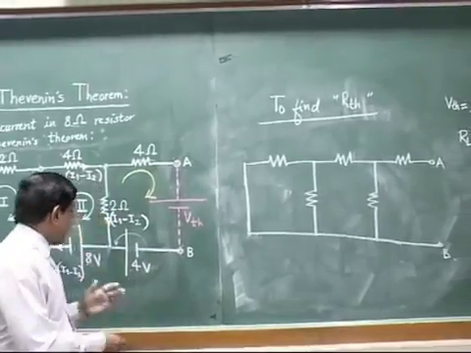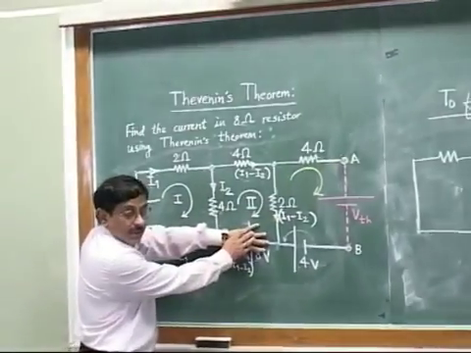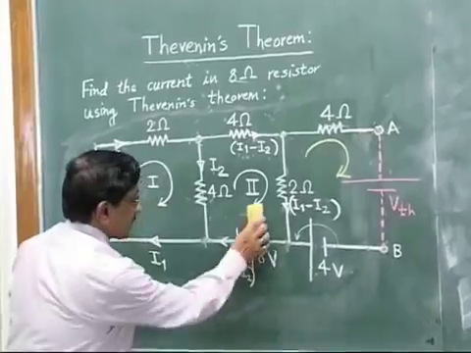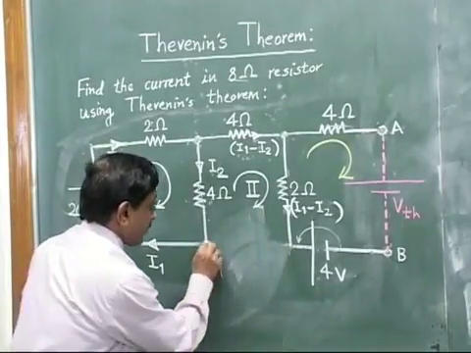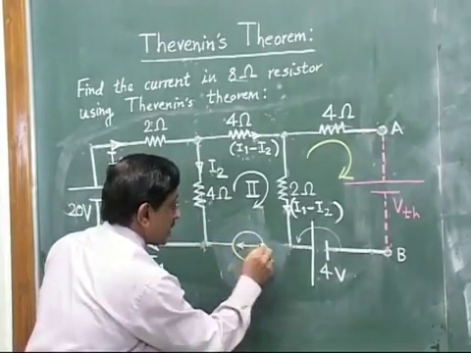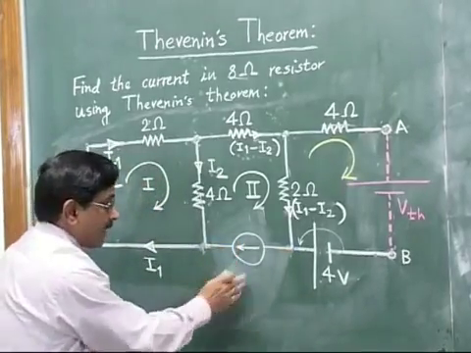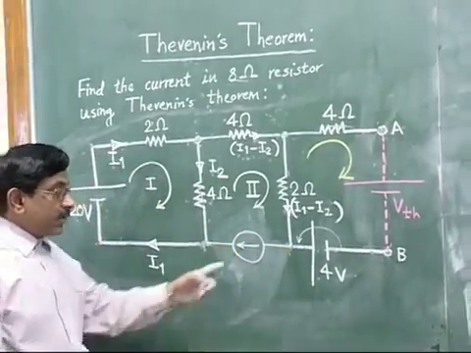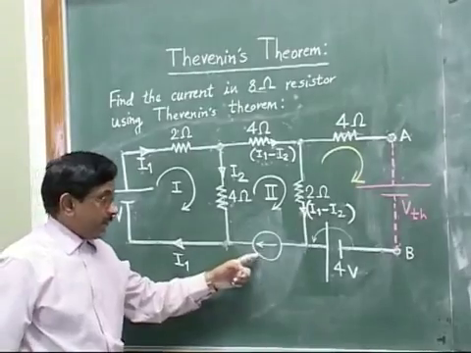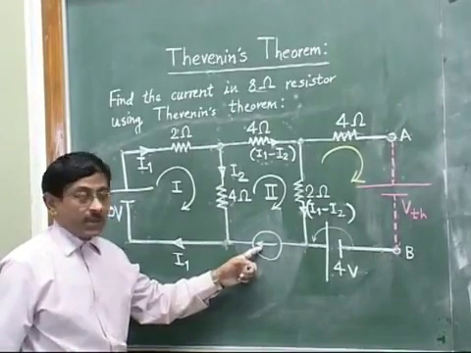Open. For example, if there had been a current source here at this place, and they had not mentioned an ampere value or any internal resistance for it.